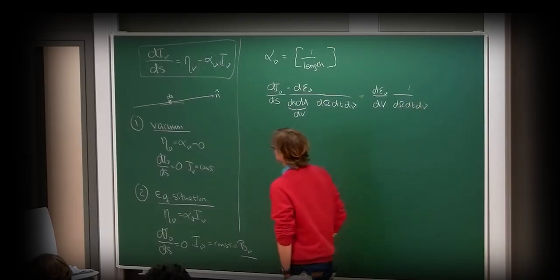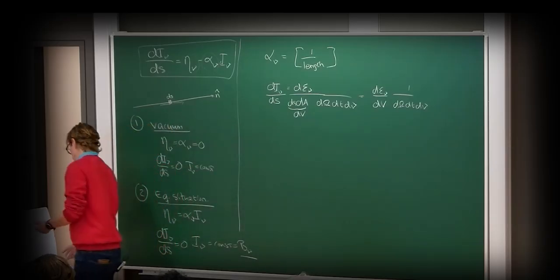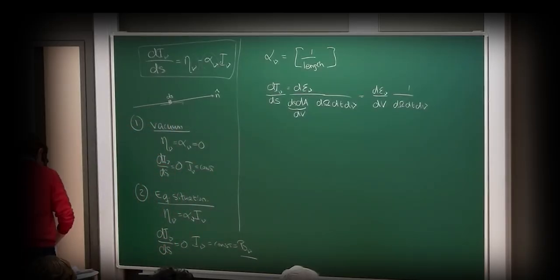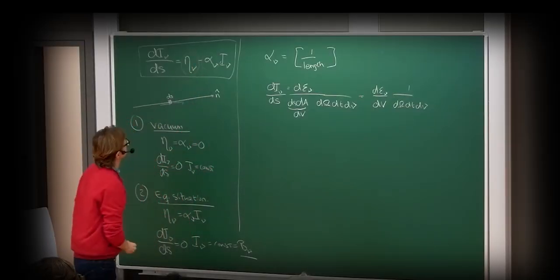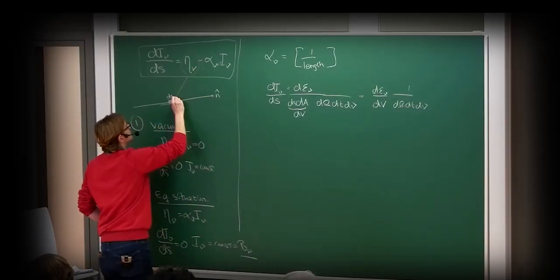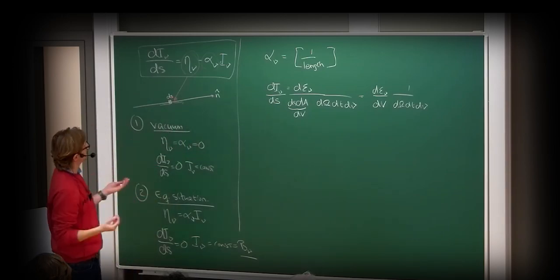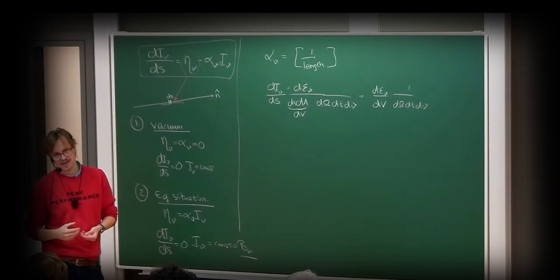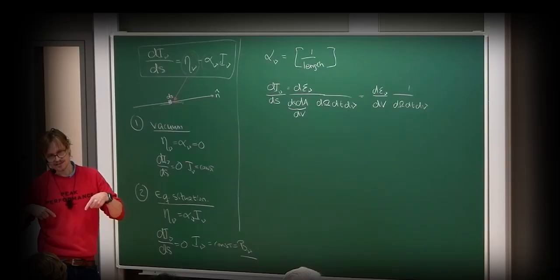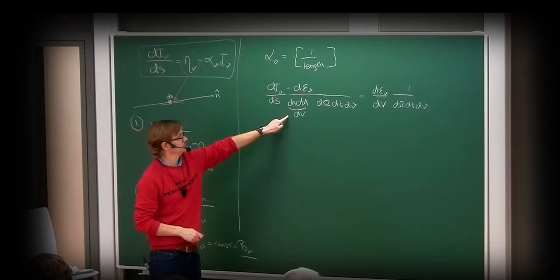So in that sense, you can see that eta nu, the emission coefficient, can be thought of as a volume energy, the energy added to the radiation beam from the gas per unit volume.